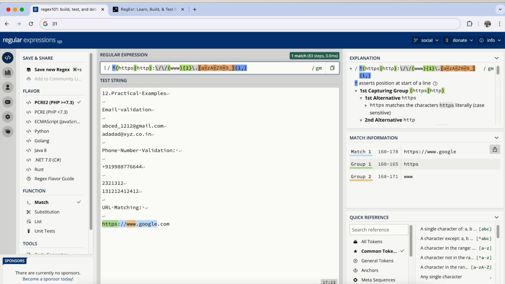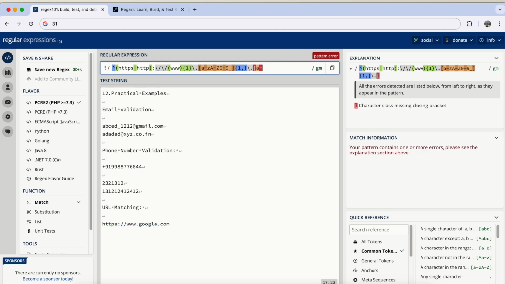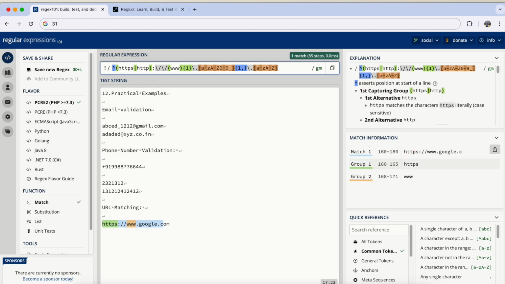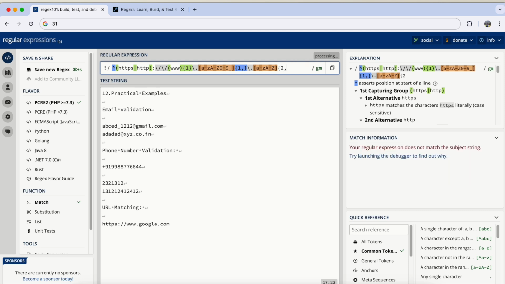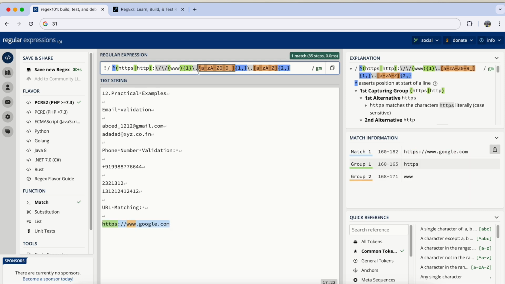Then again a dot should be there. Then again characters will be there, A to Z or A to Z, at least two or more characters should be there, right? So this regular expression is exactly matching this one.